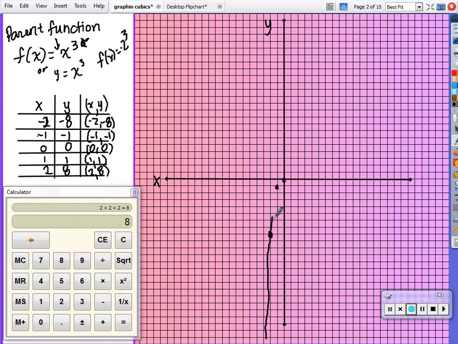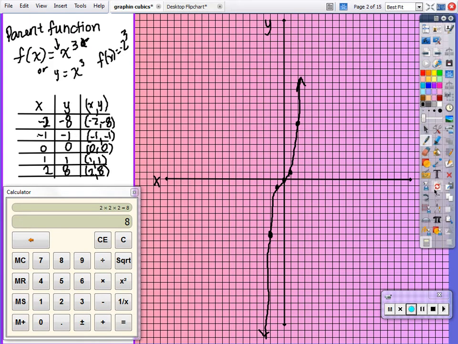And it's going to turn and mirror, going the opposite direction: (1, 1), (2, 8). It's going to come up this direction and keep going, and we put arrows on both ends. That's not a very straight line, but you get the gist. So that's the parent function, and that's how you graph it.